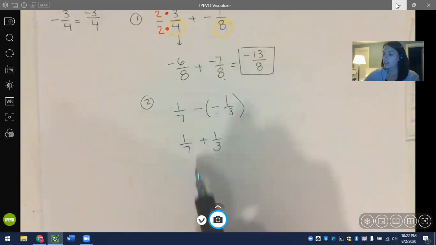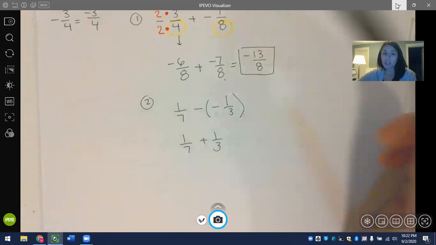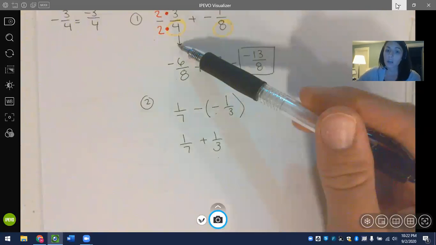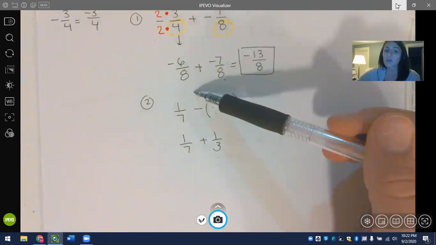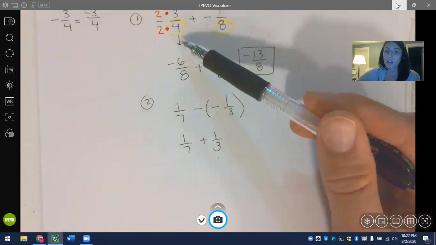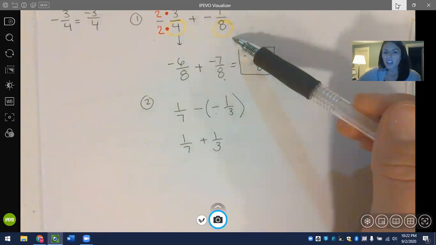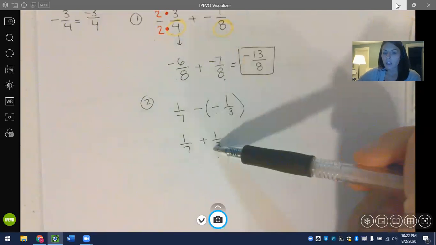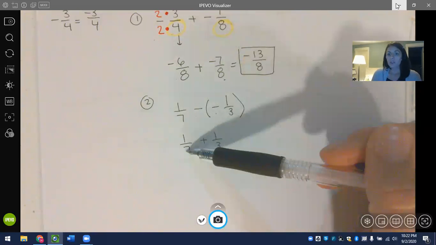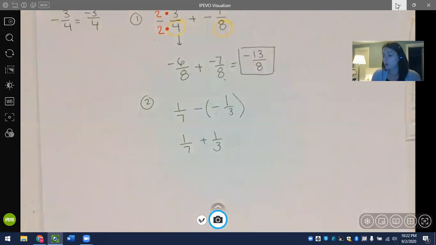I can't add these together until I get a common denominator. Now in the first problem, I only had to multiply one fraction to get a common denominator, because I could make 4 into 8. But on this problem, I can't multiply 3 to make it 7. So instead, I'm going to multiply both fractions by something in order to get a common denominator.